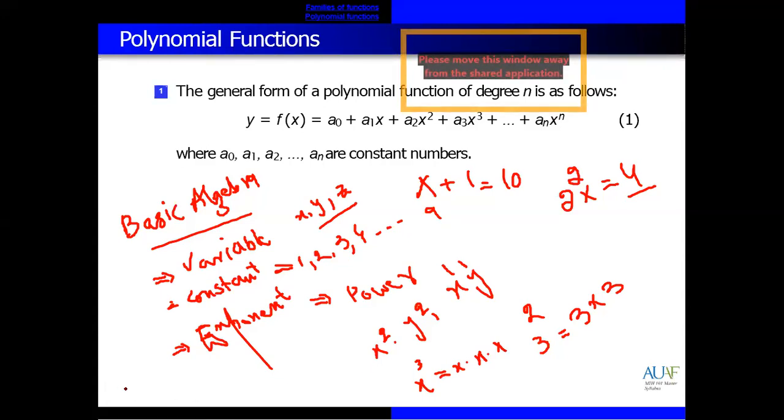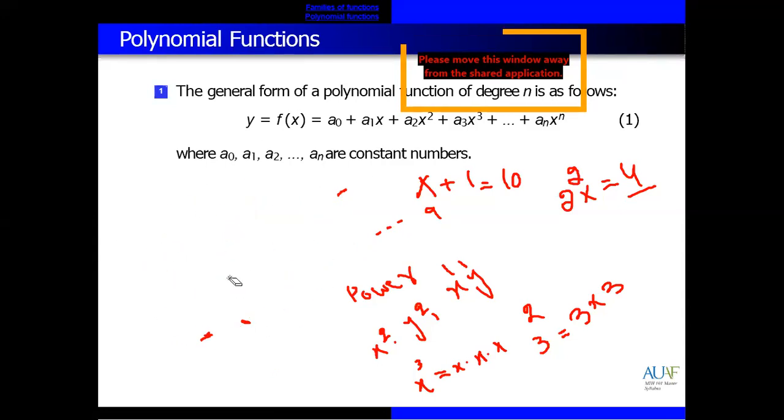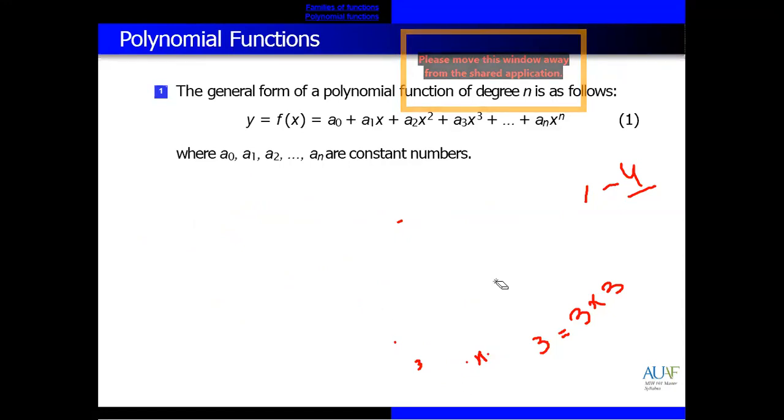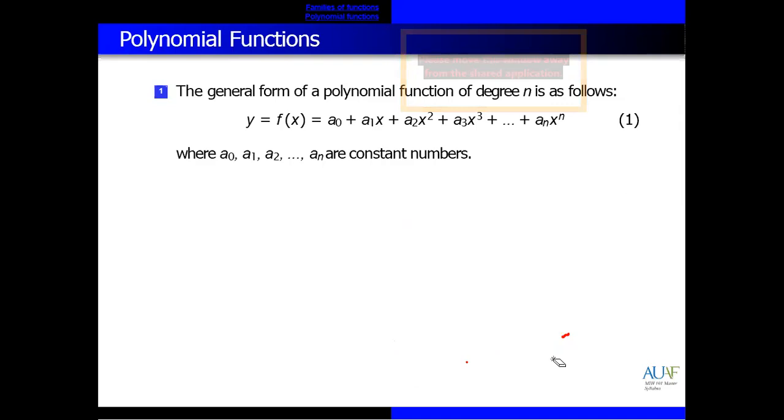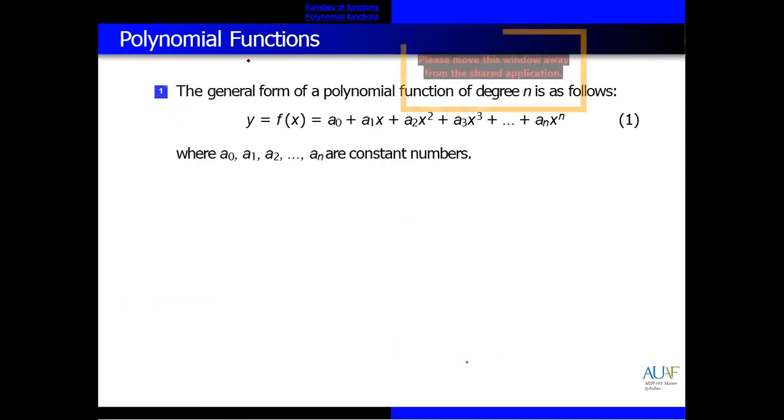Correct? Okay. For example, if I write down ax square, you can see a is a constant, x is a variable.